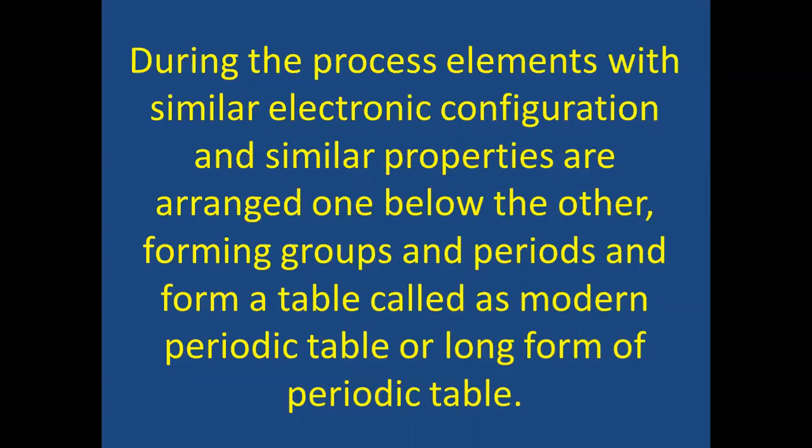The basis of periodic table is nothing but atomic number or electronic configuration, because the periodic law says that properties, both physical and chemical properties of elements, depend on their atomic numbers, or more correctly, on their electronic configuration.